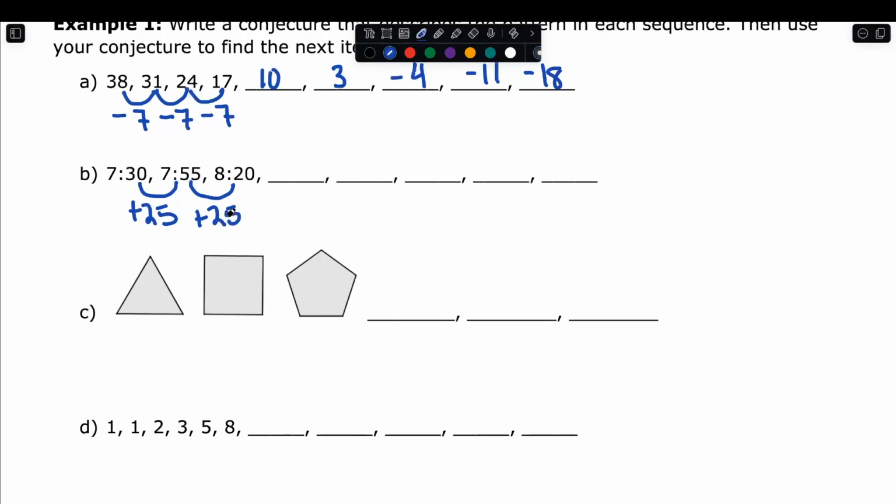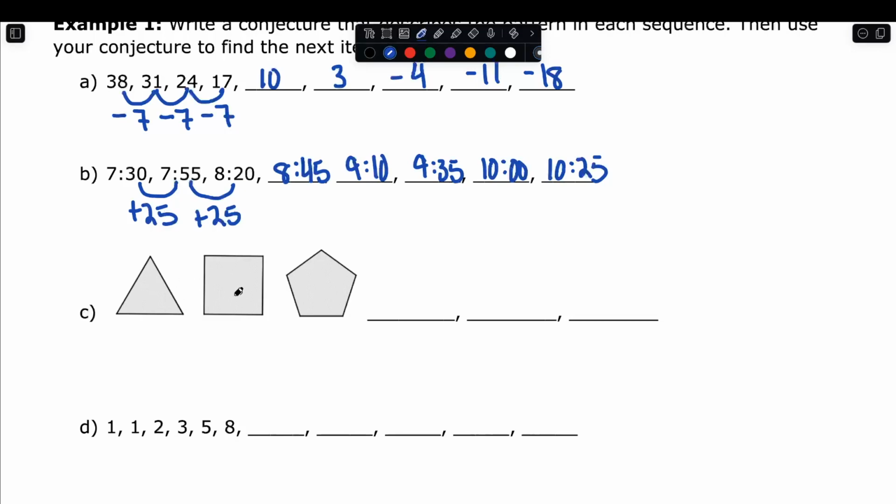And so, based on my conjecture that they're all increasing by 25 minutes, my next value would be 8:45, then 9:10, 9:35, 10 o'clock, 10:25.